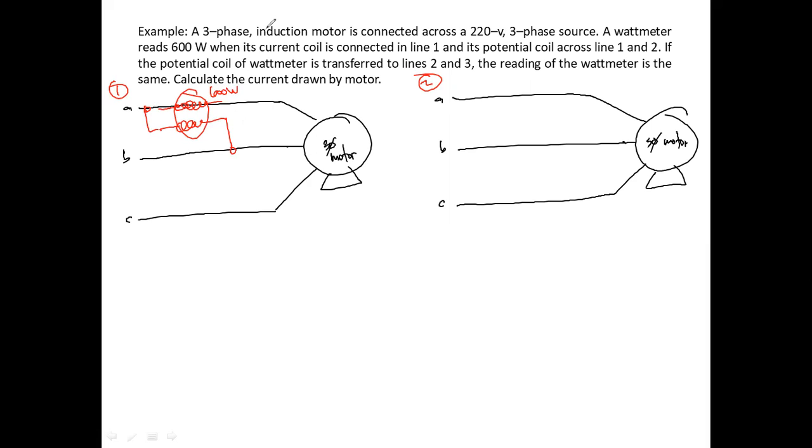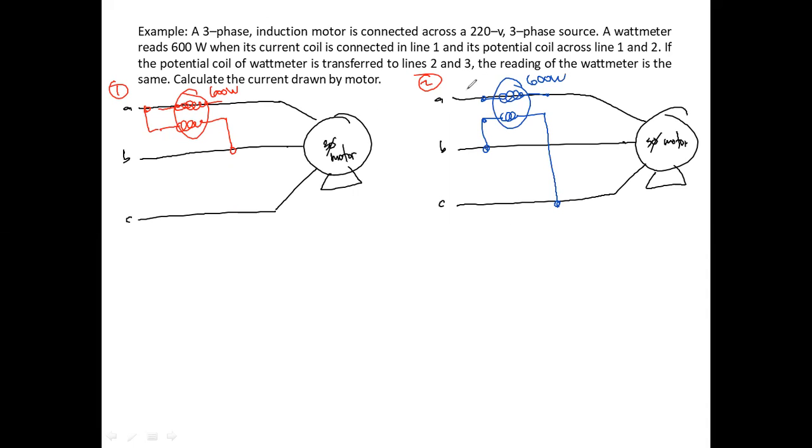As mentioned, in situation 2 the same wattmeter has the current coil in line 1, but the potential coil is repositioned to 2 and 3, or basically B and C. The wattmeter reads the same reading, 600 watts.